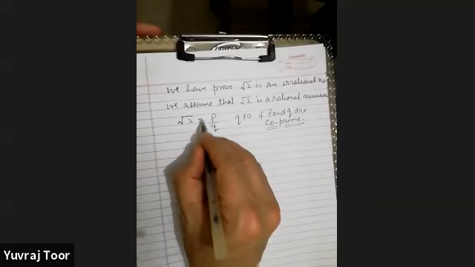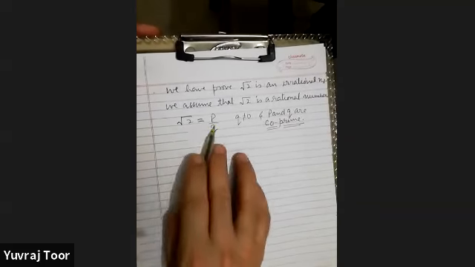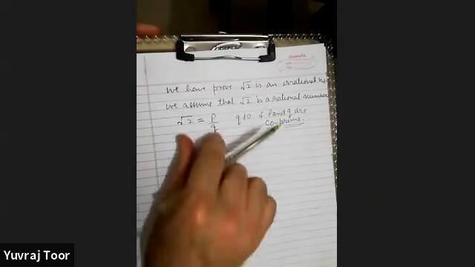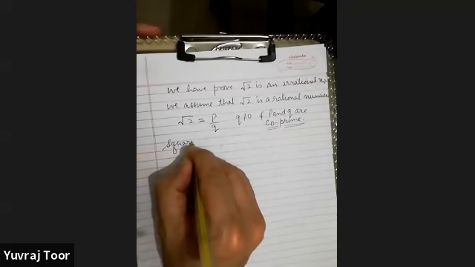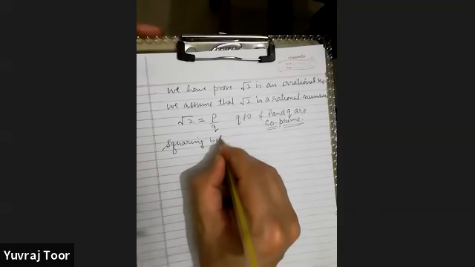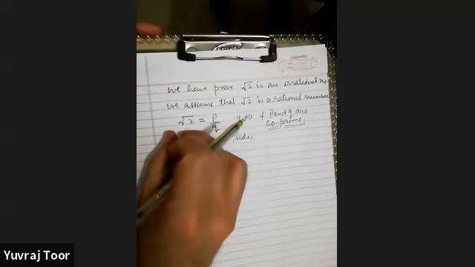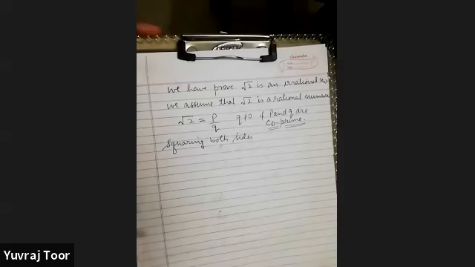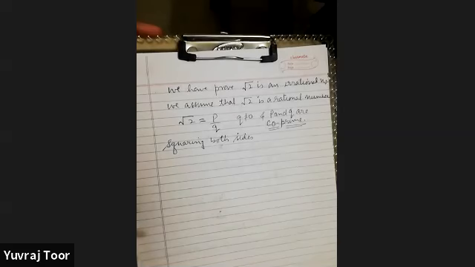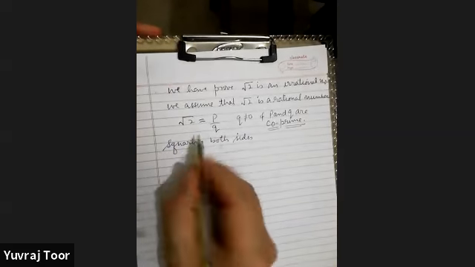Now, since it is an equation, whatever you do on the left side and right side, the equation remains true. So what I do, squaring both sides, right? I've assumed that root 2 is a rational number, so I'm operating on both sides.